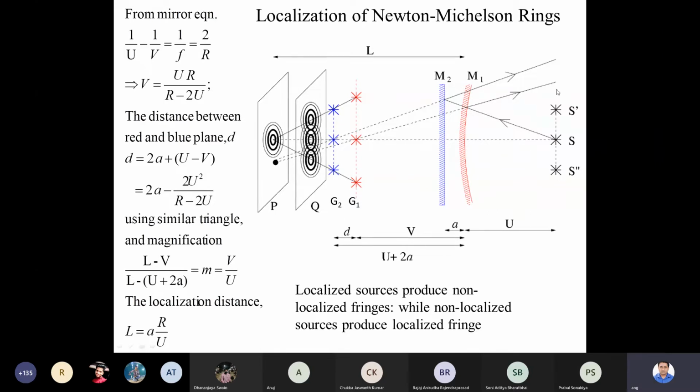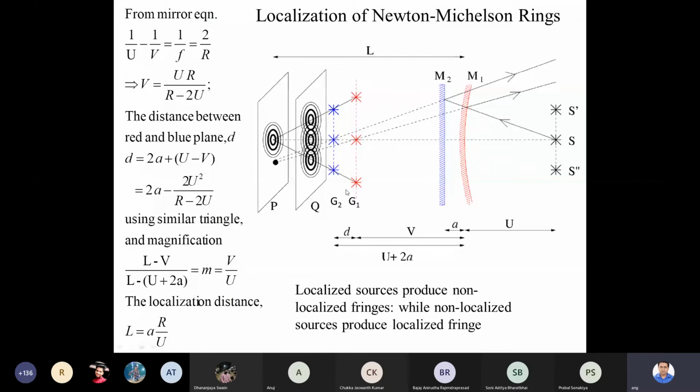Now you can see that on the extended source you have many point sources. You can consider 3 point sources just for simplicity: S, S prime and S double prime. Now you can have the image of these 3 sources by mirror M1 and mirror M2.